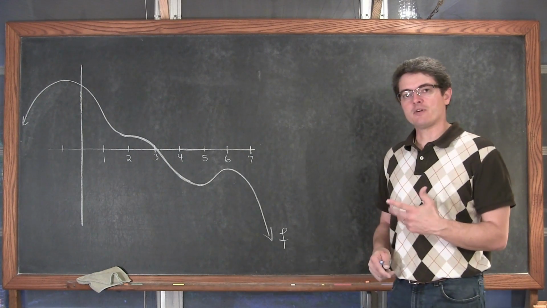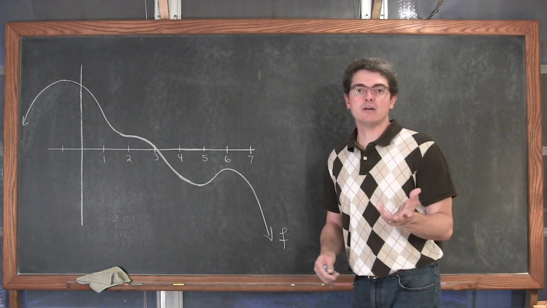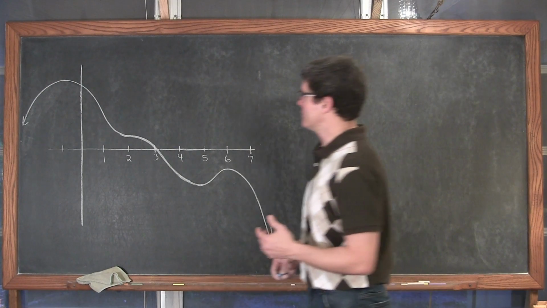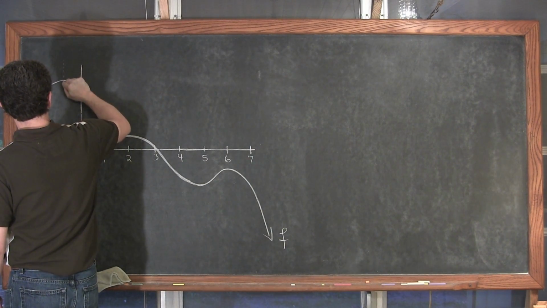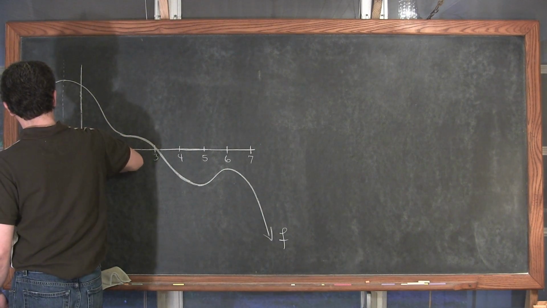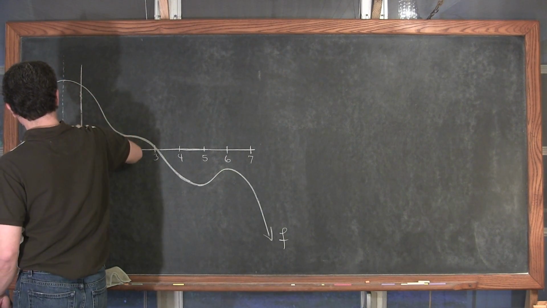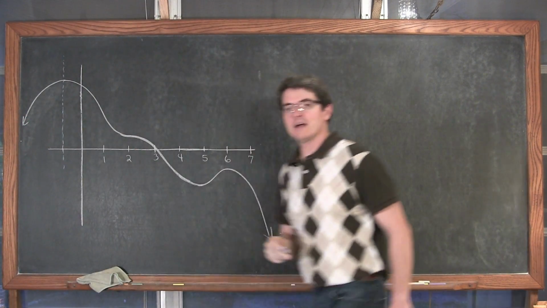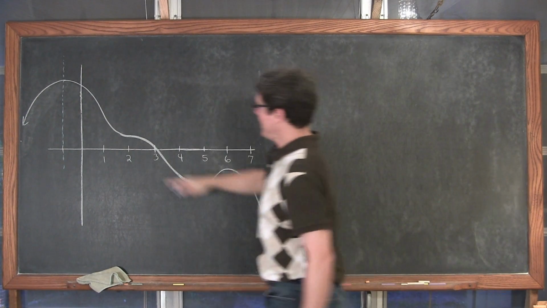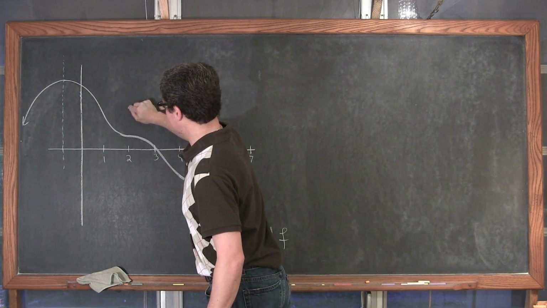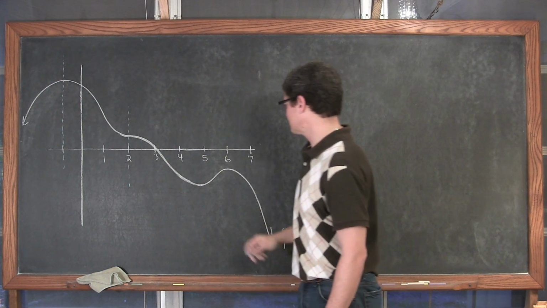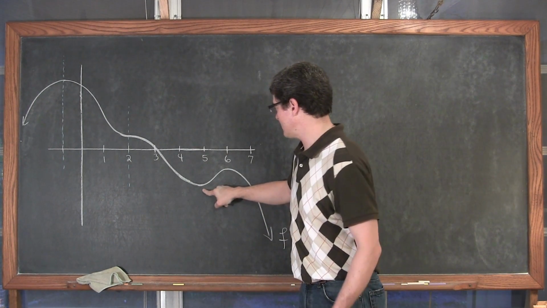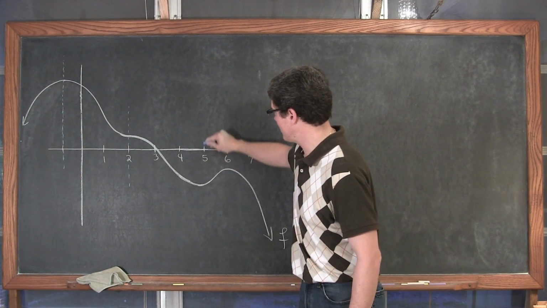Because if the slope of the original function is 0, that's going to be a critical value for the first derivative. So it looks like we have a critical value here where the original function has a slope of 0, and it kind of levels off here at x equals 2 and stops bottoming out, and hopefully my drawing is okay for you guys here.